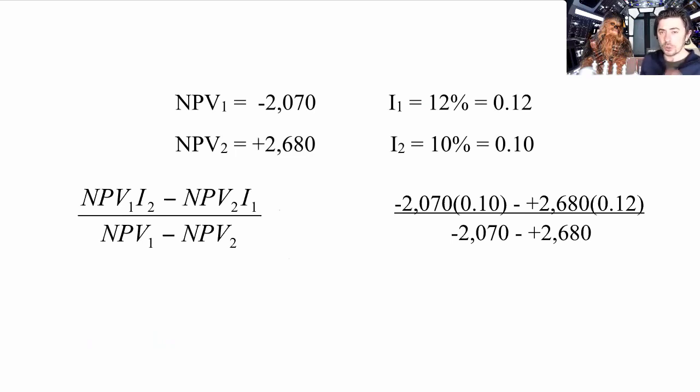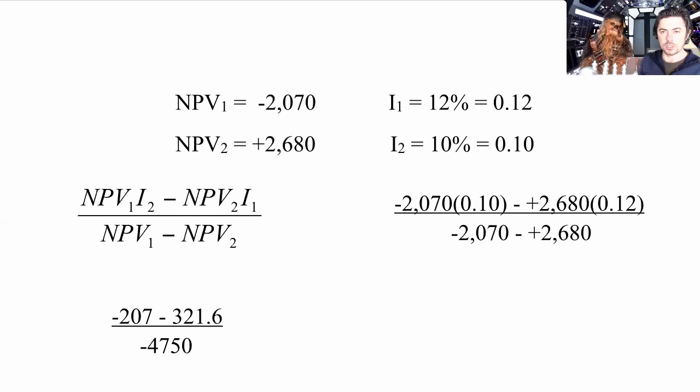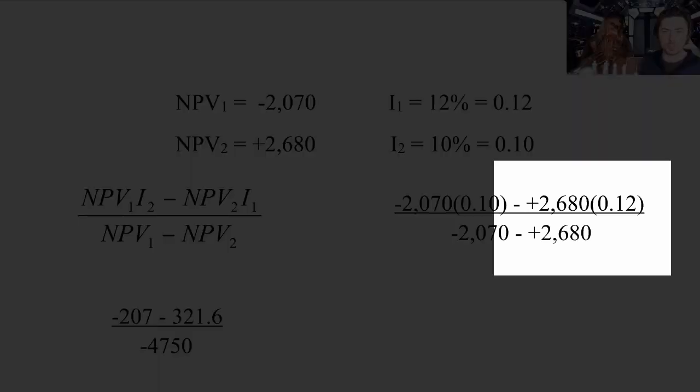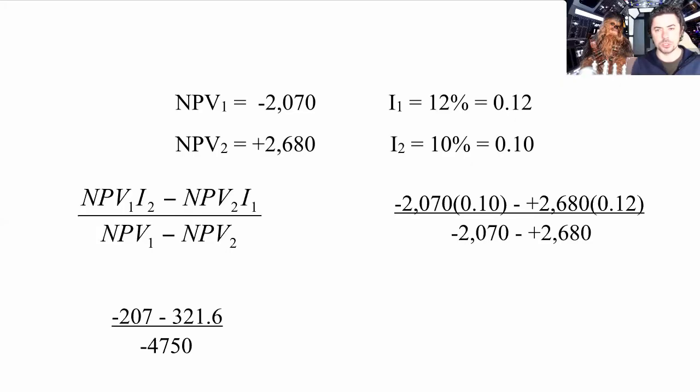You'll notice I leave in the positive sign when the net present value is positive, and a negative sign when the net present value is negative. So breaking that down, negative 2070 by 0.1 or 10% gives us negative 207. Likewise, with the right side of that numerator, 2680 by 0.12 gives us negative 321.6, since a minus by a plus is a minus.